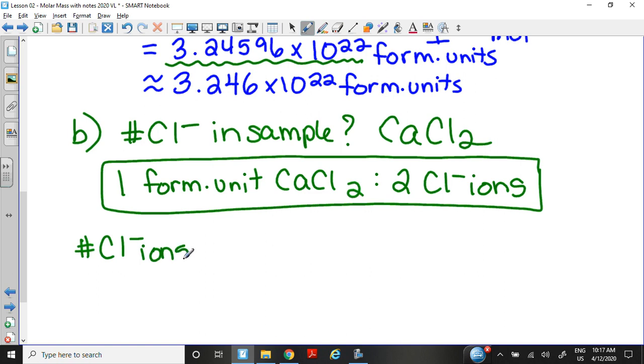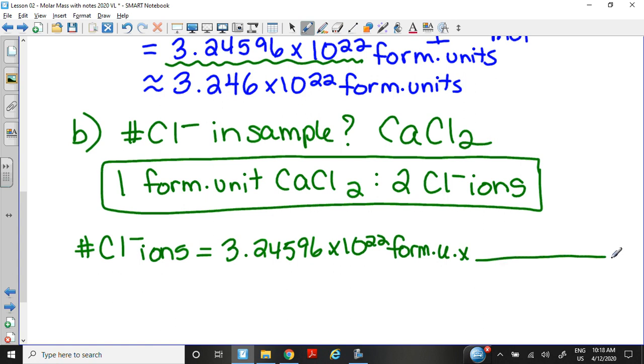So how many chloride ions do we have? Take our number of formula units, that's our number of particles. I'm just going to shorten that there. These are lots of big units, formula units. And we're going to multiply it again by a fraction, but we're going to use this ratio.